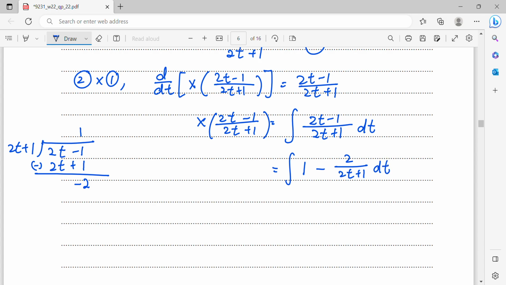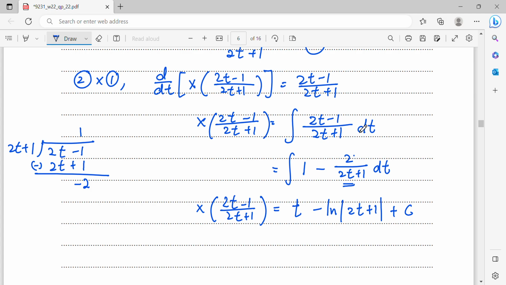Okay, so now I can integrate these two terms. When you integrate the first term with respect to t, you will be getting t. For the second term, when you differentiate 2t plus 1, it will be 2. That means this is the ln of 2t plus 1, then plus c. Okay, so right now you are getting this general solution.